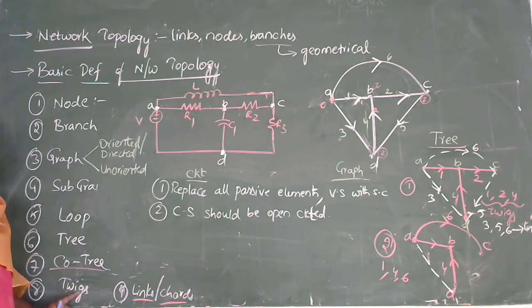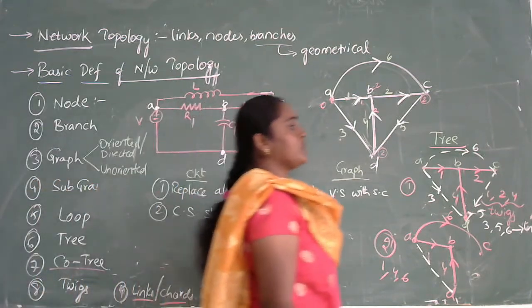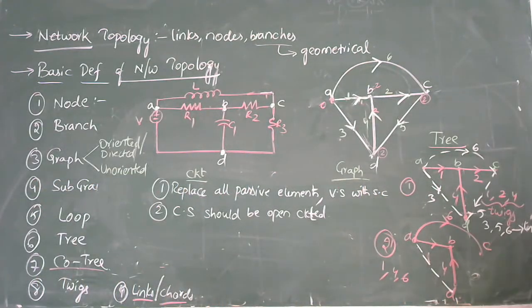Depending upon these four basic definitions, we can find out the unknown voltages and loop currents by using the incidence matrix, tie-set and cut-set matrices, which we are going to discuss in the next class.